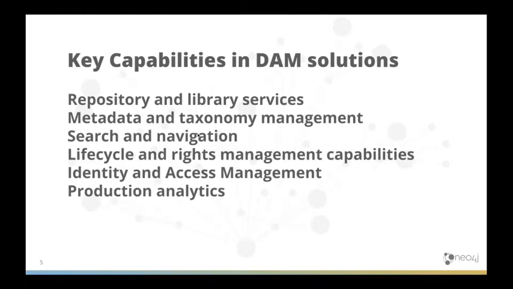Here are some of the key ones, and I'll highlight in green the ones that are more graphy, or more relevant for us today. The first one is repository and library services.